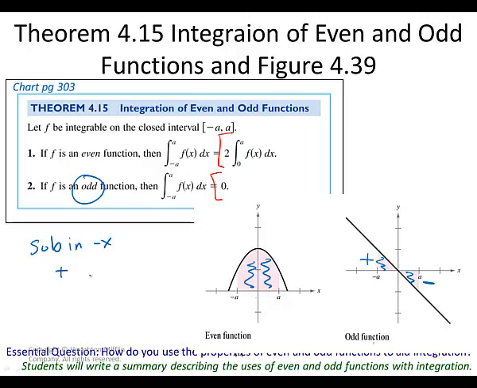If you get a positive of the function, it's even. And if you get a negative of the function, it's odd. That's the sine and the cosine thing. Okay, if that comes up in the homework, which it doesn't come up here, but it might come up in the homework.